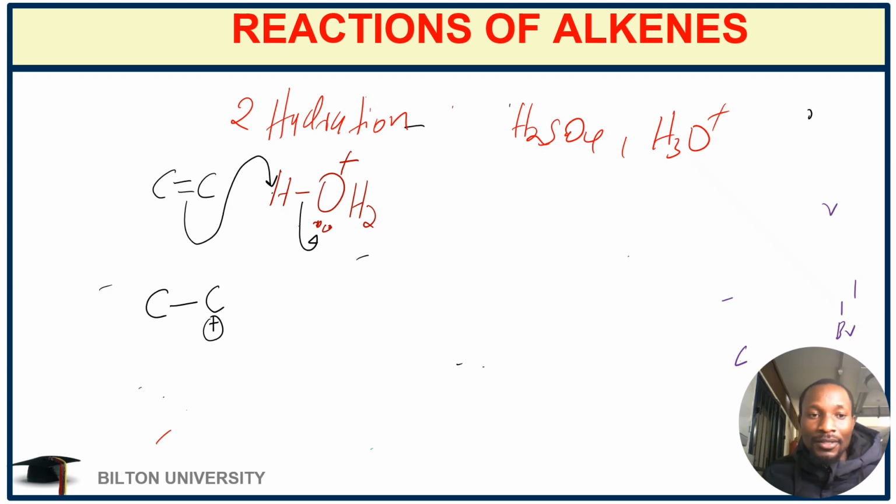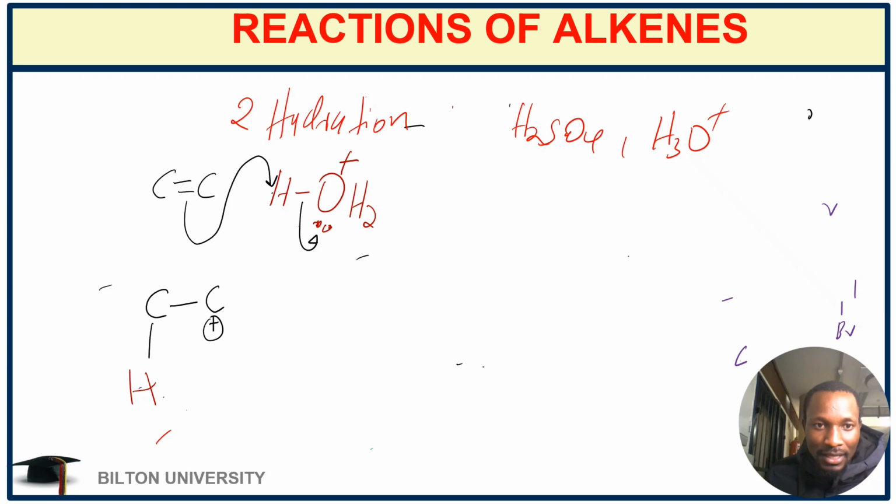Remember, it's going to form a carbocation because when this happens, these two electrons are going to move to form a new carbon-hydrogen bond, leaving this one with 6 electrons.